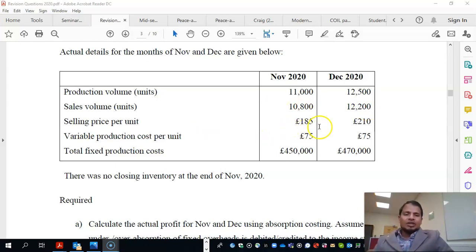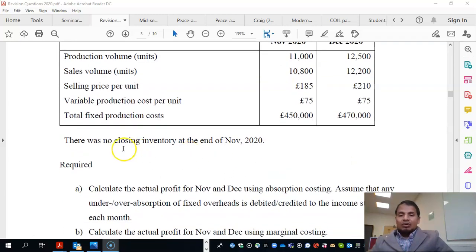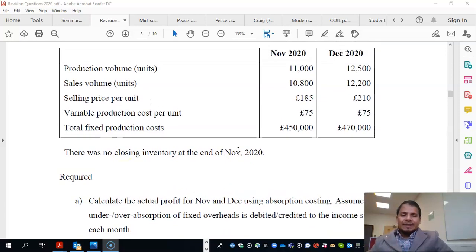Sales price 185 and 210, and variable production cost 75 and 75, and fixed production cost total is 450,000 and 470,000. These are the actual data. And there was no closing inventory at the end of November 2020.